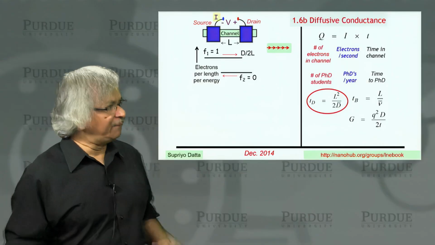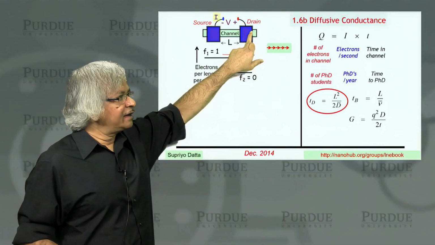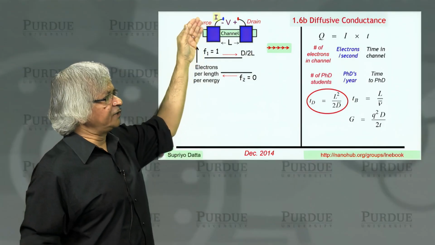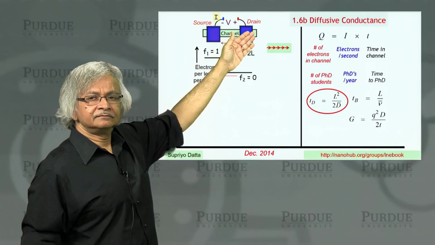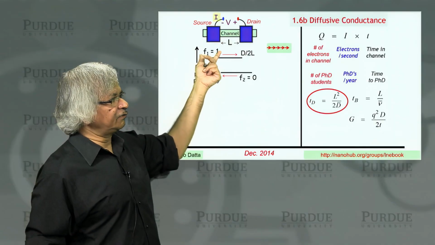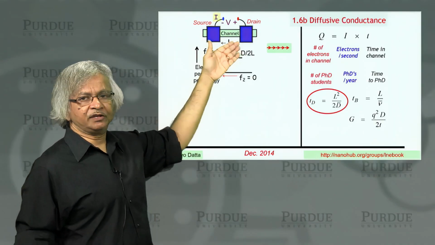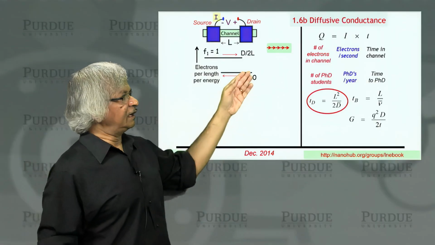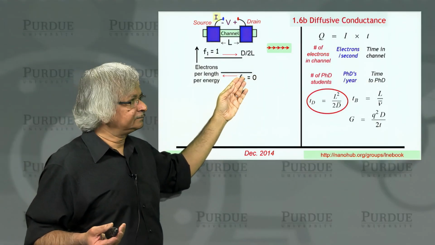Now let's say something big is happening in this northern city, so that lots of people are trying to get from this source to the drain, which is kind of the equivalent of having f1 equals 1. That is, at this energy, there's lots of electrons waiting to get on the highway. On this side, there's no electron trying to come back.